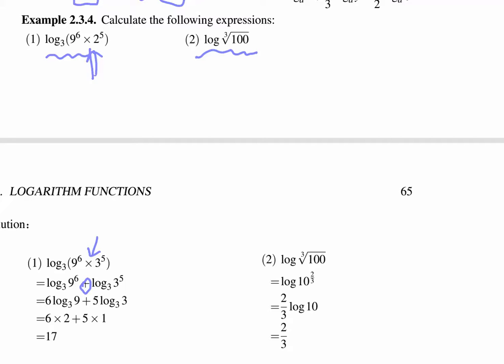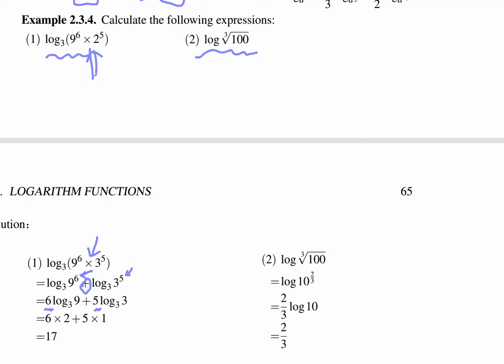Now, here there is an exponent 6. You move down to the front. Here there is an exponent 5. Move down to the front. There's 5 times log base 3 to the 3. And here is 6 times log base 3 to the 9.